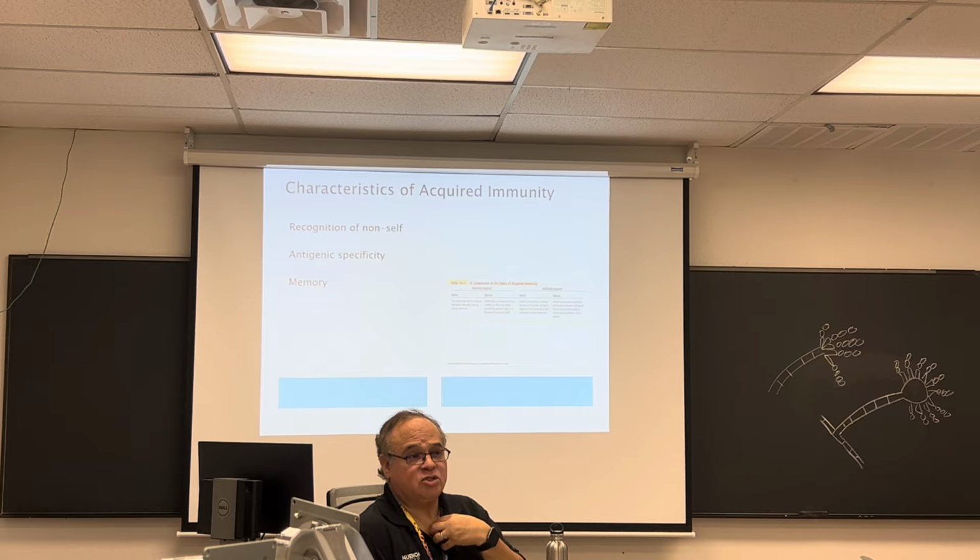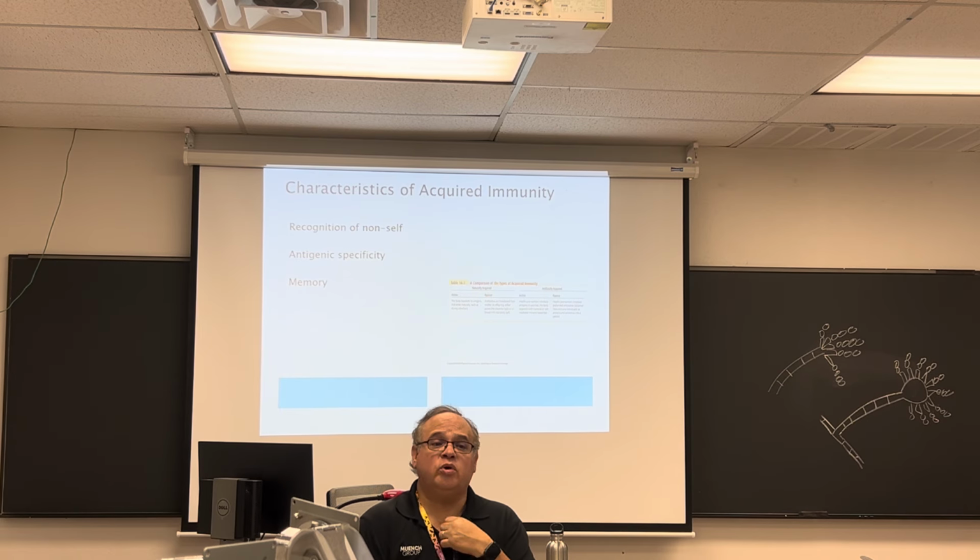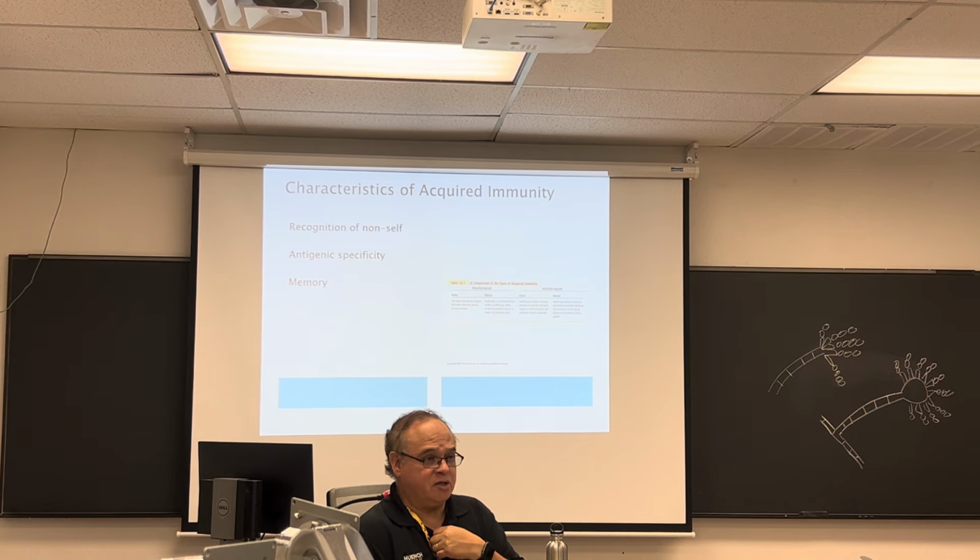You with me? That's why our immune system will not destroy cancer cells, because the cancer cells do not have antigenic specificity. They have the same specificity that we have. So it's not different than anything that we have in our body. It's labeled the same way. So cancer doesn't get destroyed by the immune response.